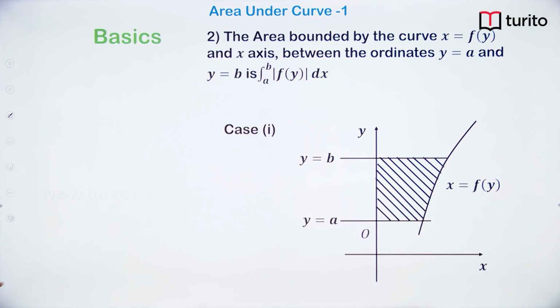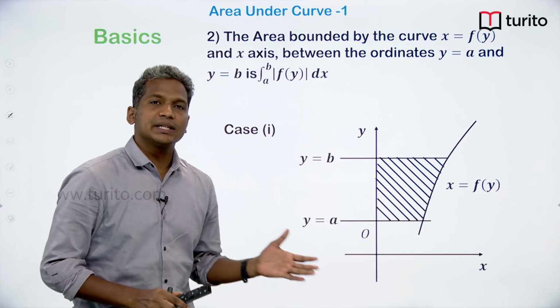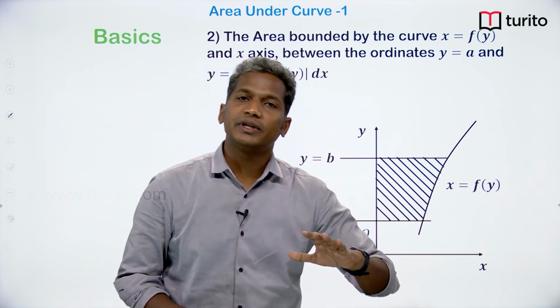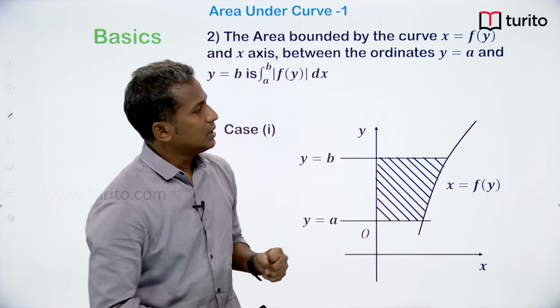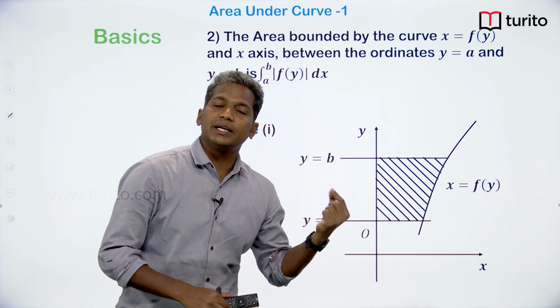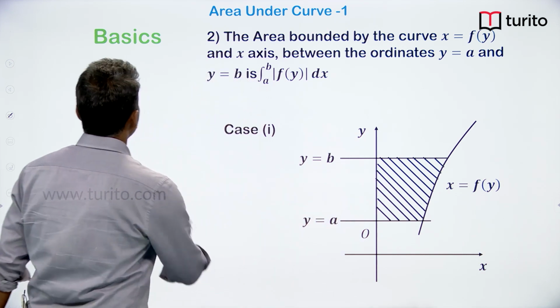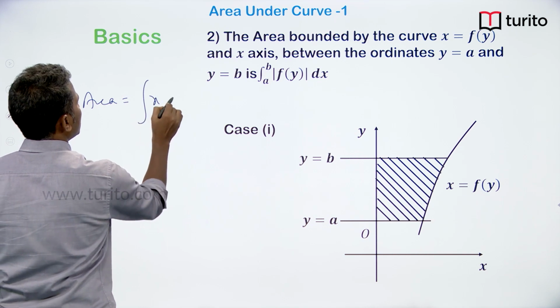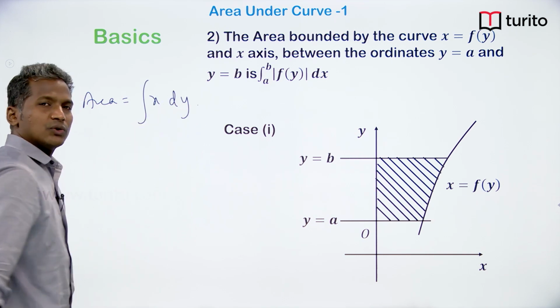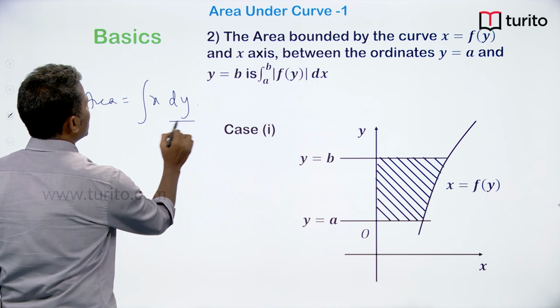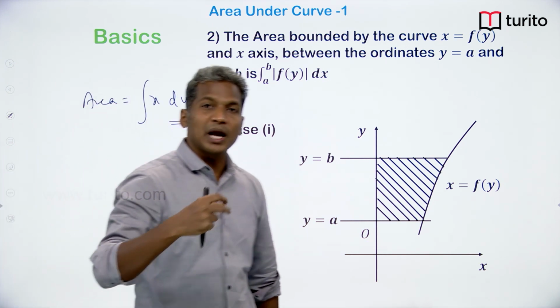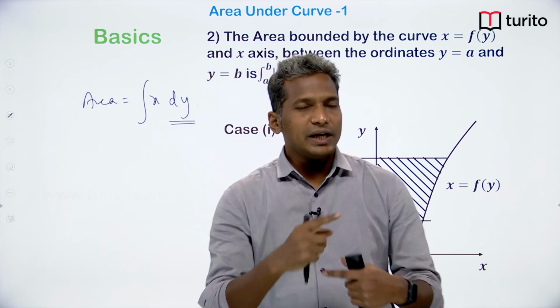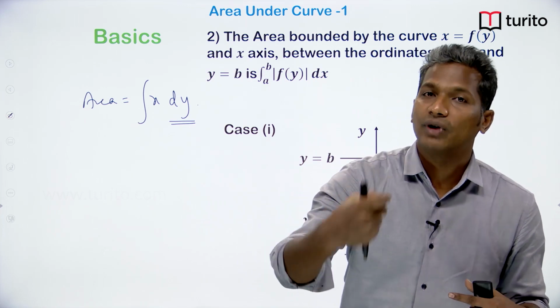Next, now let us look at the cases where area is formed with the y axis. Now to find the area formed with the y axis, the idea that we use is area is equal to integral x dy. So here this dy term dictates the primary variable. That means the integral is happening with respect to y.